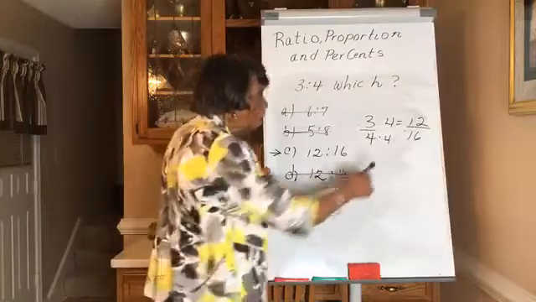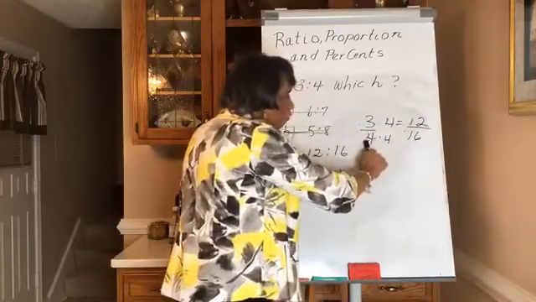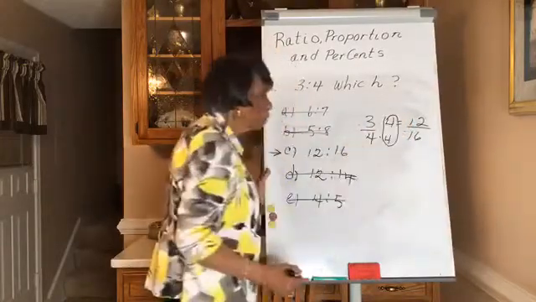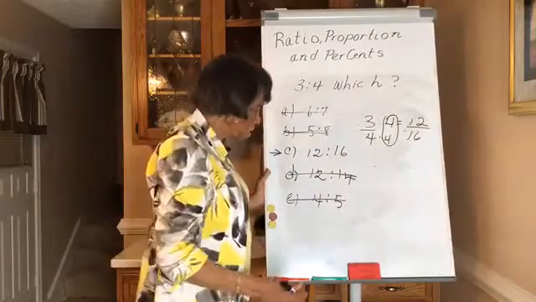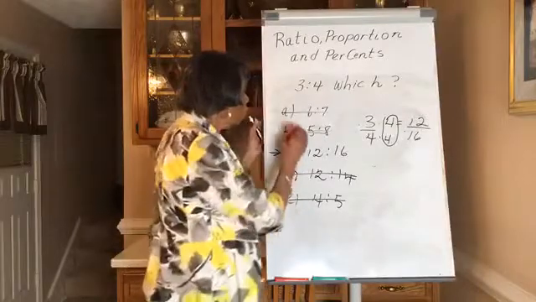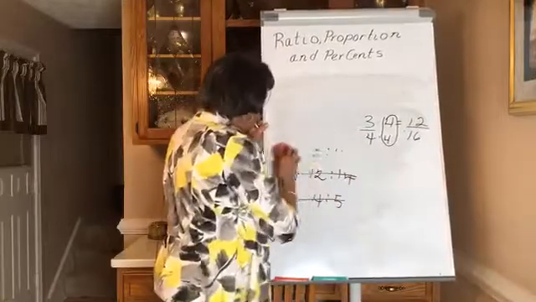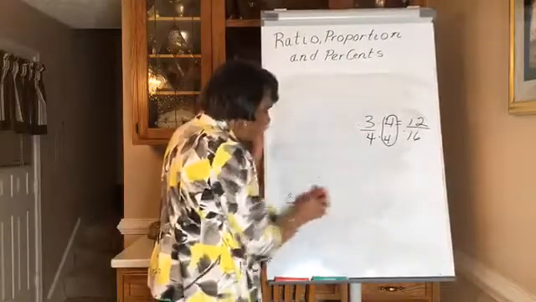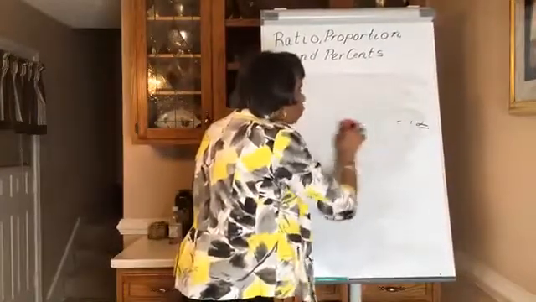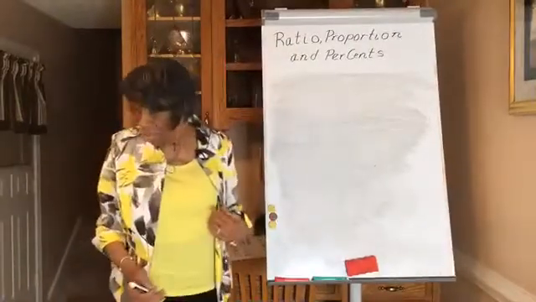Okay, so 12 is a multiple of 3, and 16 is a multiple of 4, and both of them are the same multiple. This is much different from some of the tests we had when we were growing up, because they were more skill, but this is more application. And that's why the SOLs require students to be able to read math well.